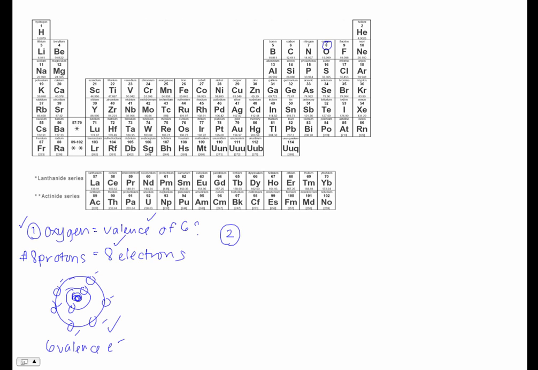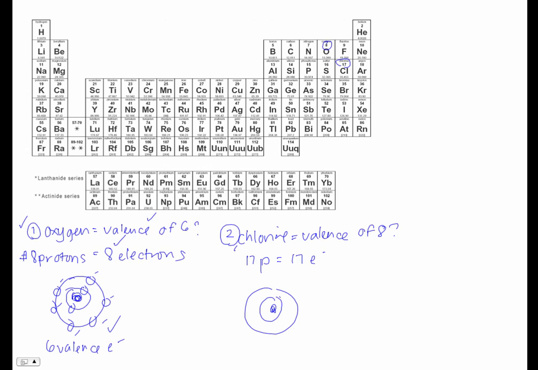Number 2, it's asking if chlorine has 8 valence electrons. Chlorine, we have 17 protons, therefore we have 17 electrons. Drawing our shell.